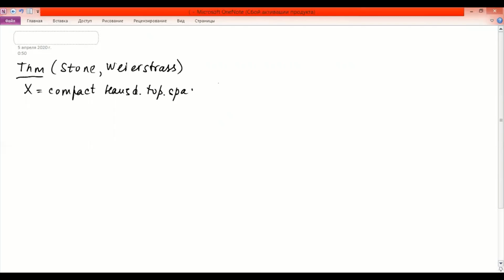And suppose that A is a star subalgebra in C of X which contains the identity of C of X. That is, it contains the function which is identically 1.